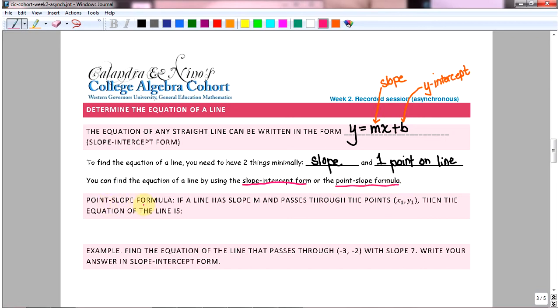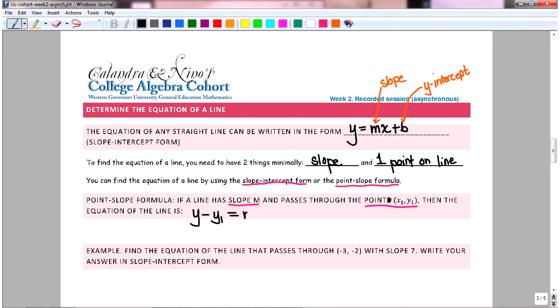The point-slope formula says that if a line has a slope of m and passes through the point x1 comma y1, then the equation of the line can be found as follows. We're going to have our variable y minus whatever y sub 1 is, and remember y sub 1 is just a number, since that's going to be a point on the line.